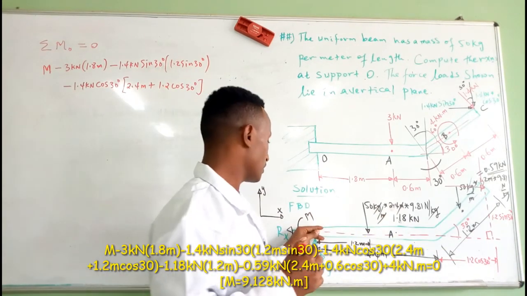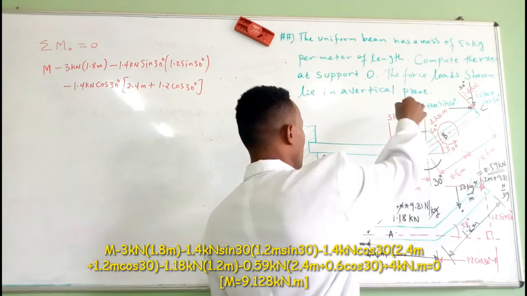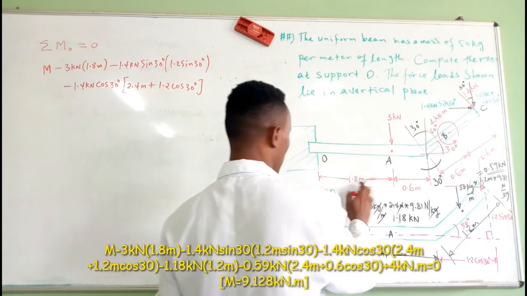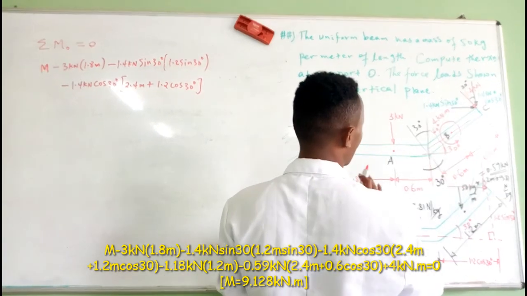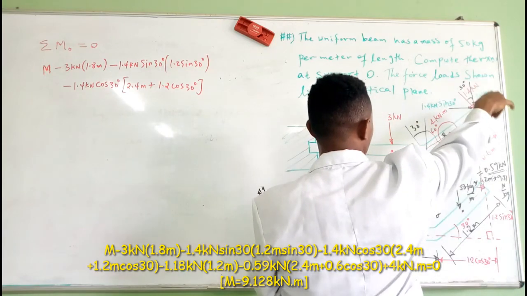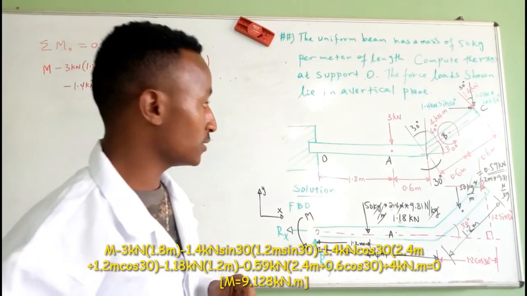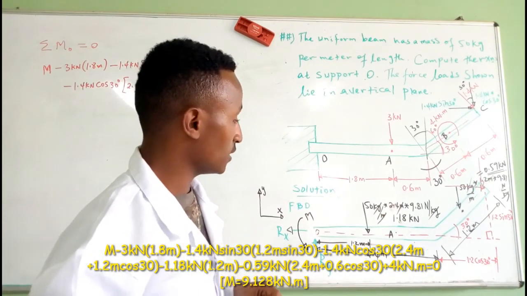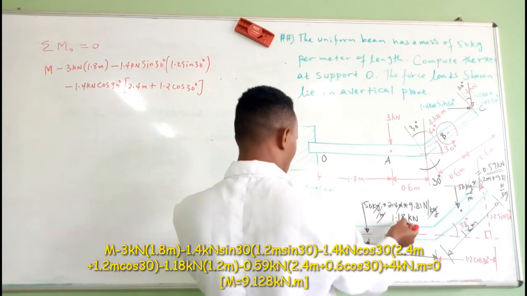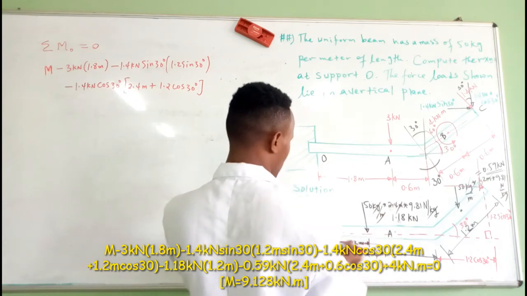We use this one, 3 kilonewton at the perpendicular distance 1.8, total distance multiplied by this vertical force 1.4 kilonewton times cos 30 degrees, and the other one is this one here, 1.18 kilonewton multiplied by the perpendicular 1.2.